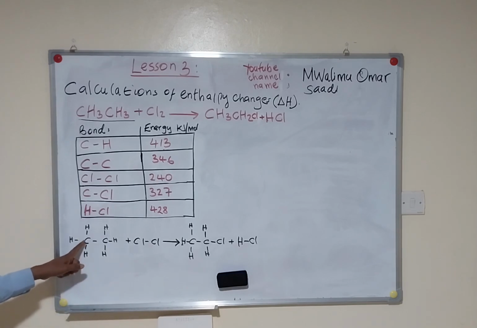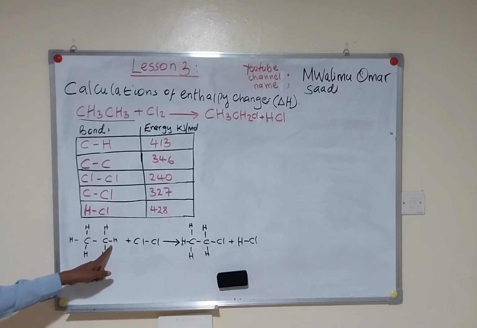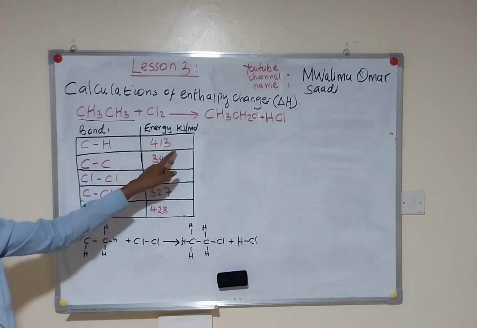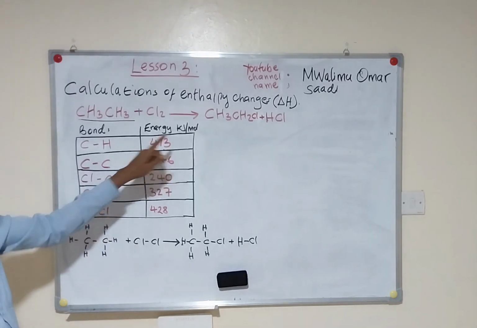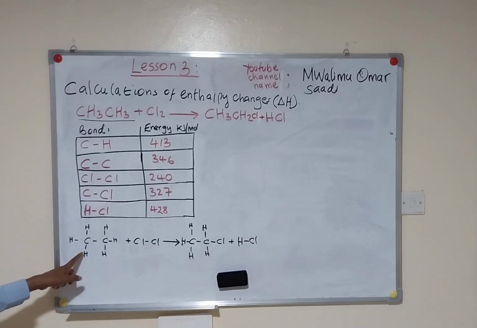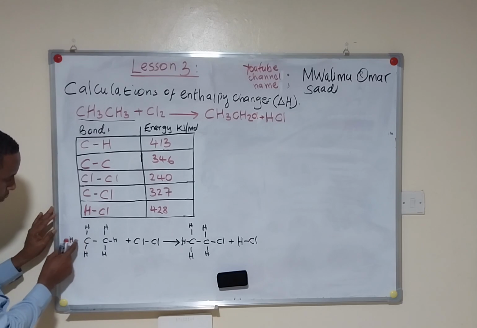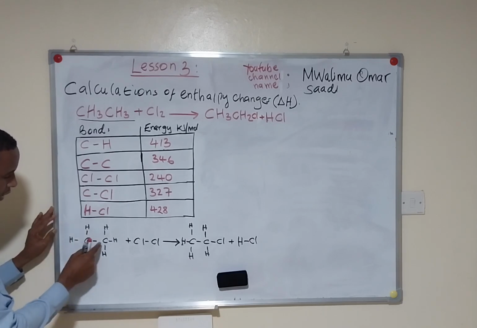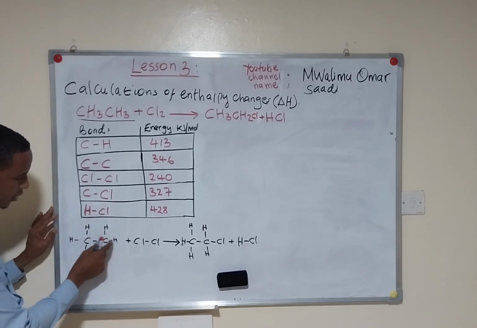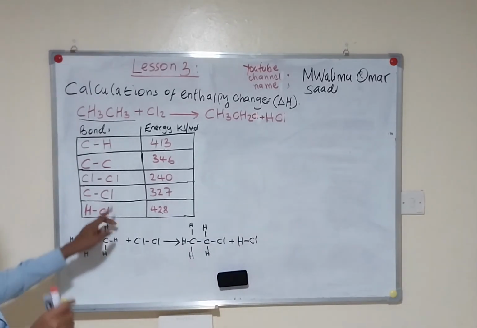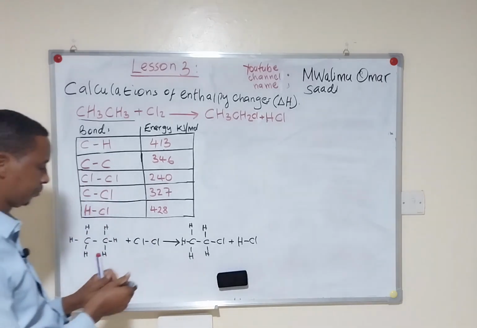So here we have 6 hydrogens and 2 carbons. The bond energy for carbon-hydrogen is 413 kilojoules per mole. There are 6 carbon-hydrogen bonds: carbon-hydrogen 1, 2, 3, 4, 5, 6.